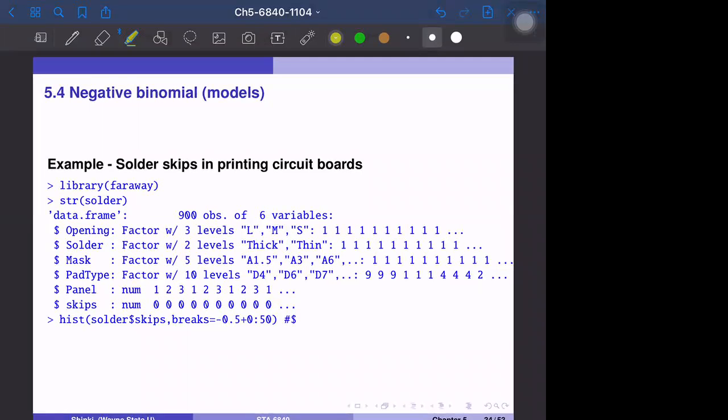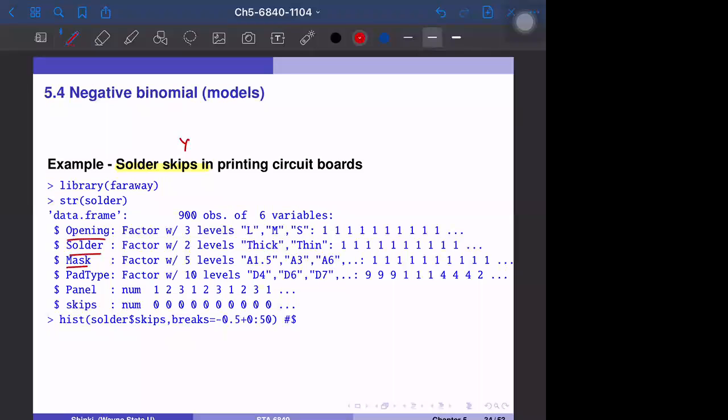Now we have an example for negative binomial models. This example is the solder skips in printed circuit boards at AT&T. The number of skips is the response variable, maybe y. And we have several predictors: the opening, the solder mask, and the pad type, panel.